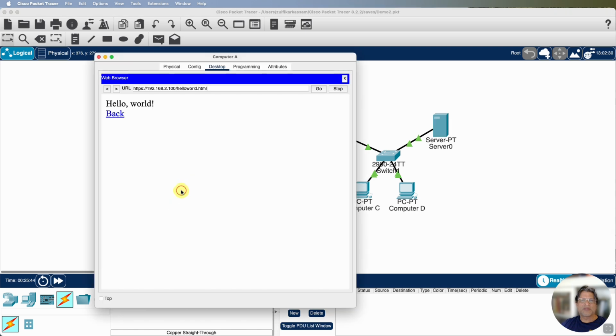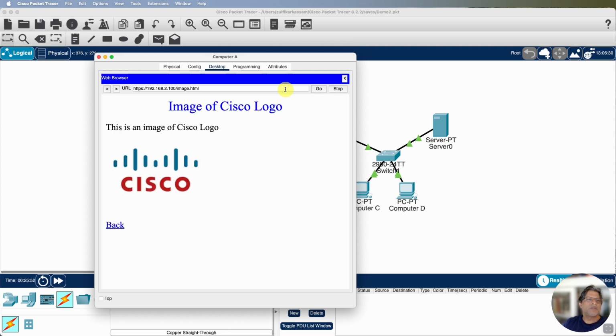You can try that. So here we can try image.html. Okay, so this brings us to this page, right? So now we can see we have set up a web server here, and we can connect to it using HTTP and HTTPS as well. So we go back here, we type in HTTP, everything is working.